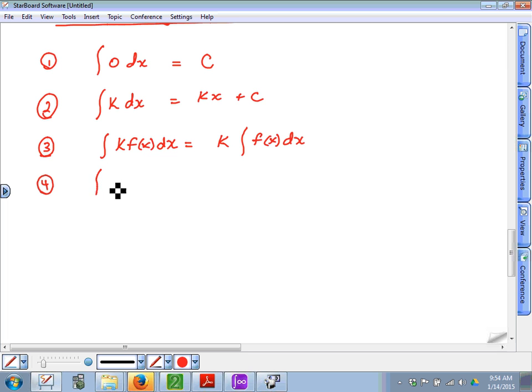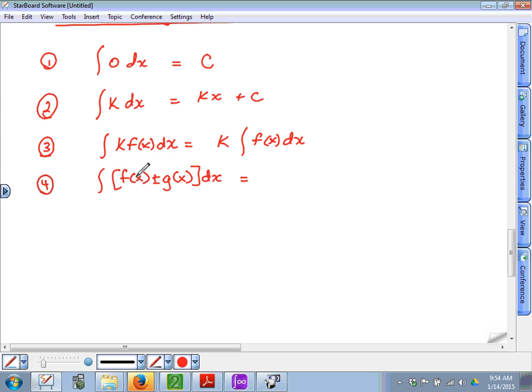Fourth one, if you're taking the indefinite integral of the sum or difference of two functions. You guys are clever enough to probably figure this one out. What does this equal? If we're taking the integral of the sum of two functions, we just split it apart and take the integral of each one.